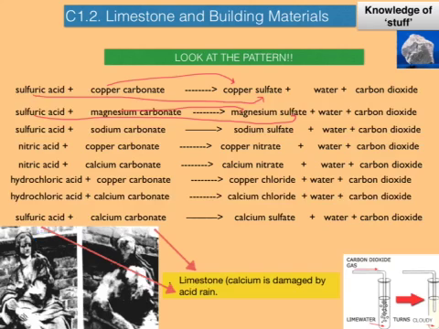So sulfuric acid can be formed in the clouds. If that rains down onto the ground, if it reacts with a limestone statue like you see here, reacts with the calcium carbonate, it wears away and erodes the rock, and you're left with calcium sulfate and water and carbon dioxide. So just remember, calcium carbonate is damaged by acid rain.